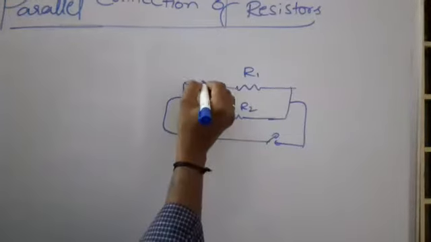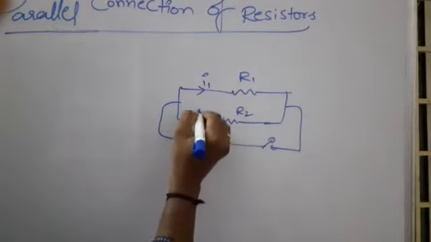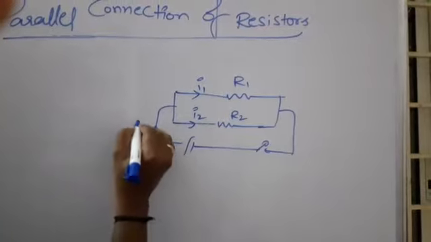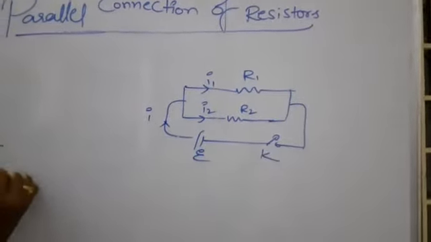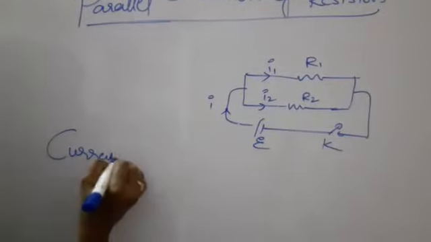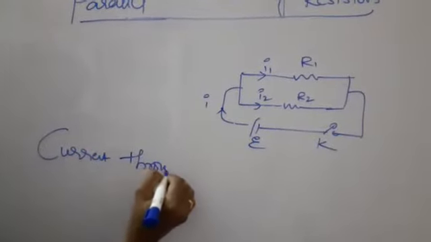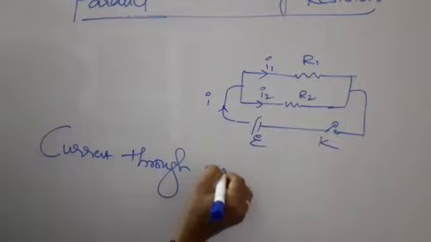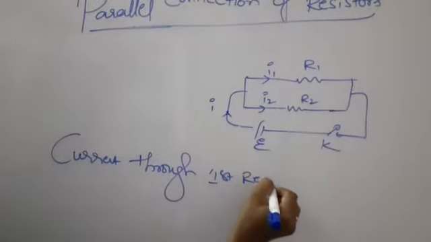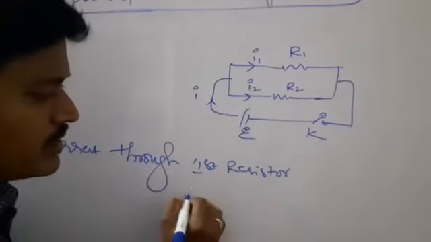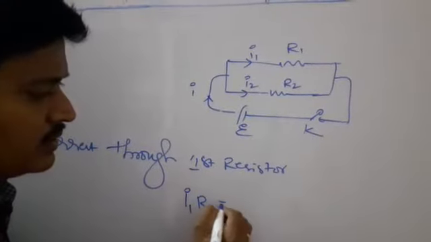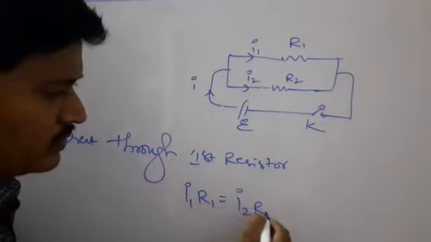Resistors R1 and R2 are connected in parallel. Then what is the current through the first resistor? Since they are parallel, the potential difference across the first one, I1 R1, is equal to I2 into R2.